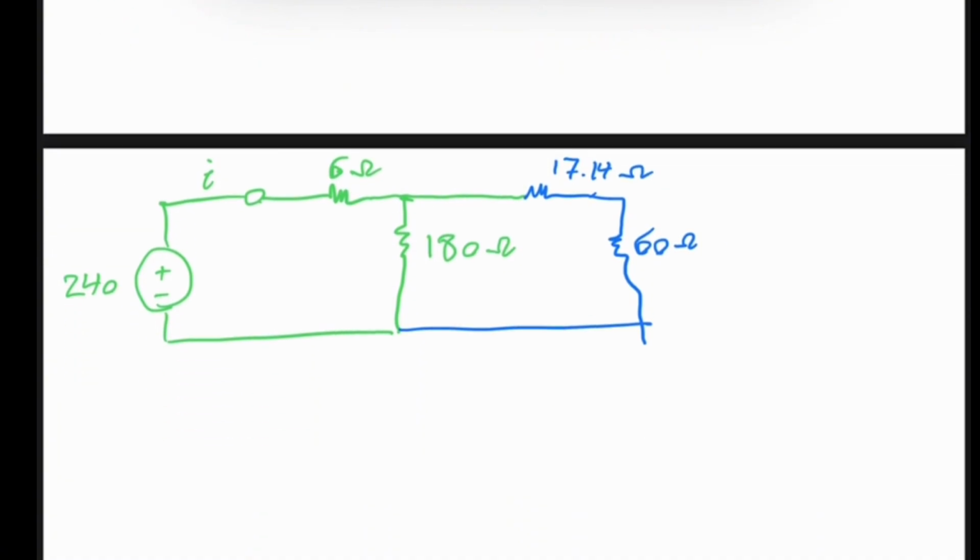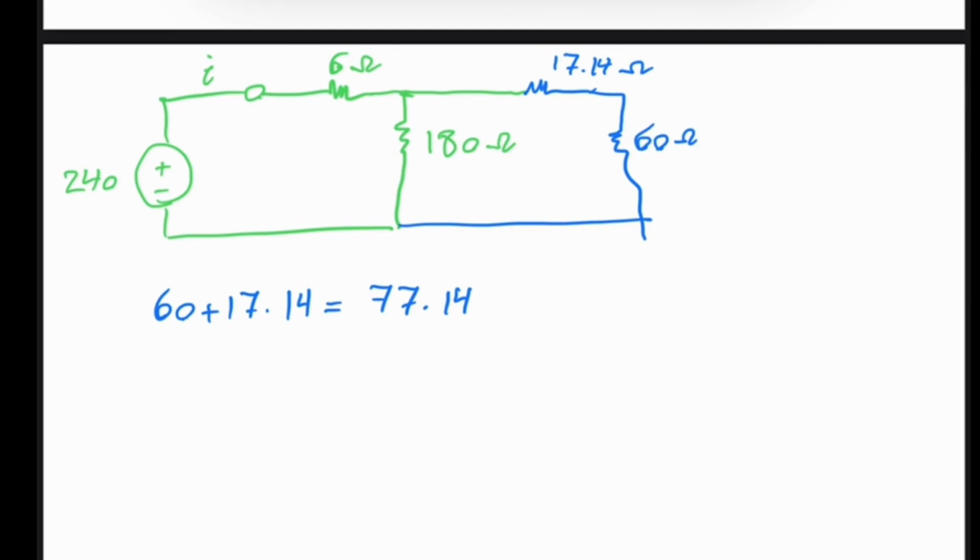First of all, 60 and 17.14 are in series, which produce 77.14, and this is in parallel with the 180 ohm resistor.